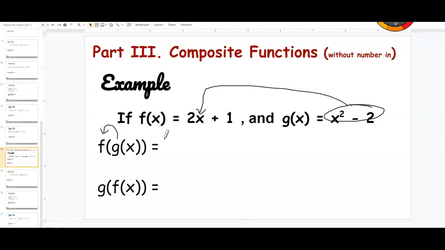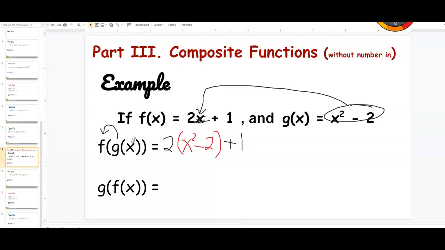From the beginning, it is 2. And next you see x, replace it by the big circle here, which is x squared minus 2, close parenthesis, and keep copy. Next is plus 1. So finish copy it. So we finished the composite part, right?